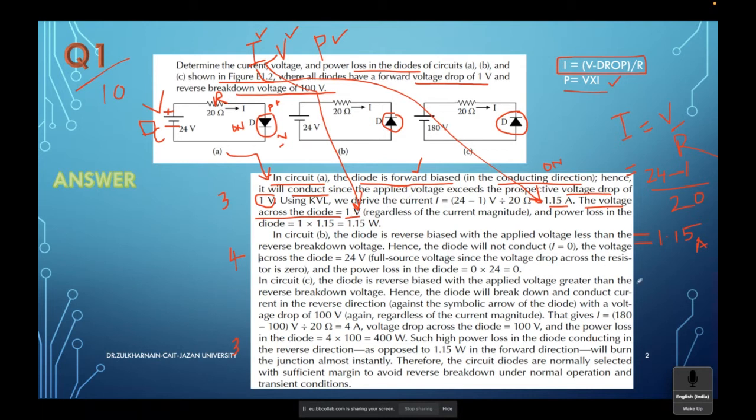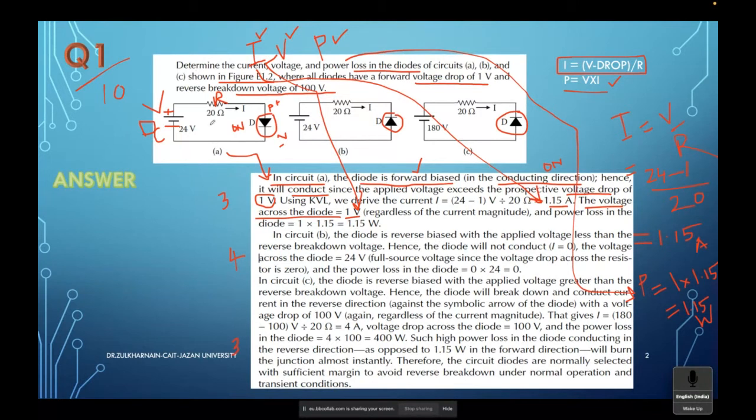So in this case, P is equal to voltage, we have already got 1 here, and current, that is 1.15, whatever you have got now. So 1 multiplied by 1.15, you get 1.15 watt. Why watt? Because it is power. So this is the third bit of the first question.